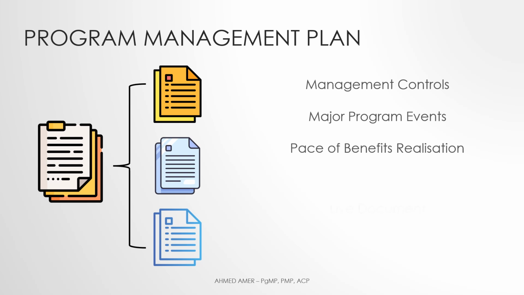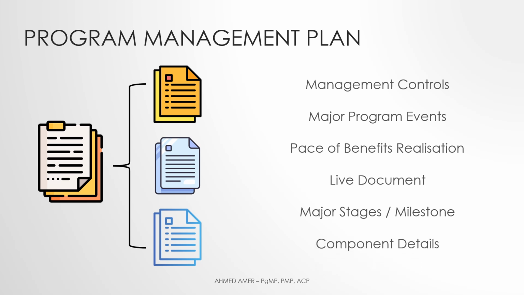The program management plan is a live document that should be continually updated in response to changes in the program's internal and external environments as well as the program lifecycle. It can be used to show how benefits are delivered within major stages or milestones. It may also include the component details, their durations, and contributions to benefits.